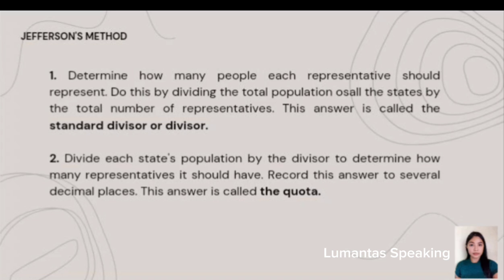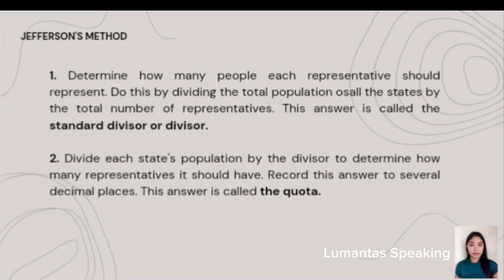This figure is found by dividing the total population of all states combined by the total number of representatives available. The result gives us an average number of people for which one representative is responsible. By establishing the standard divisor, we create a baseline for fairness in distributing representatives relative to varying state populations.